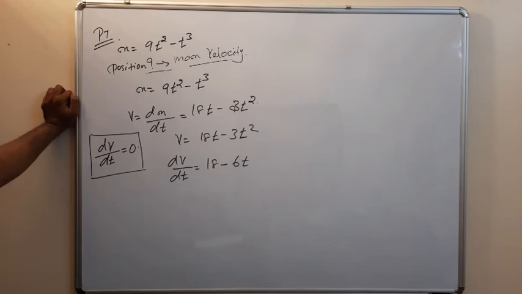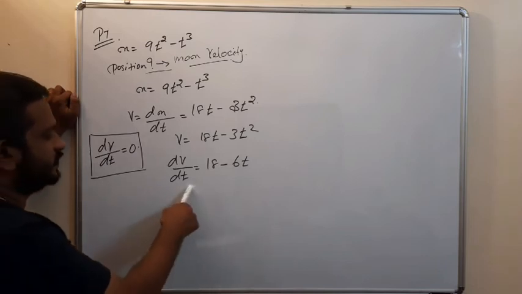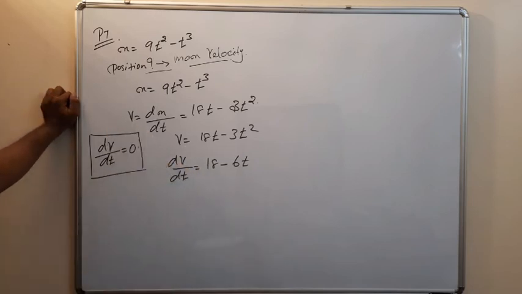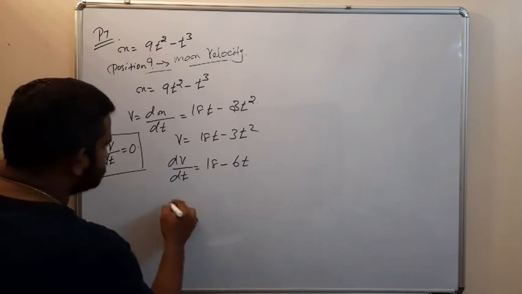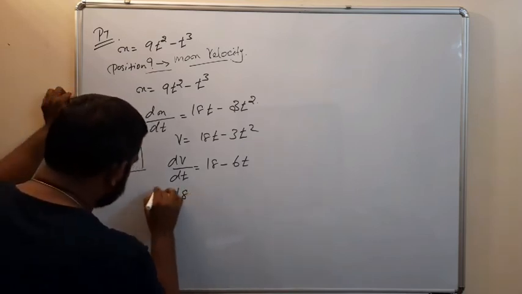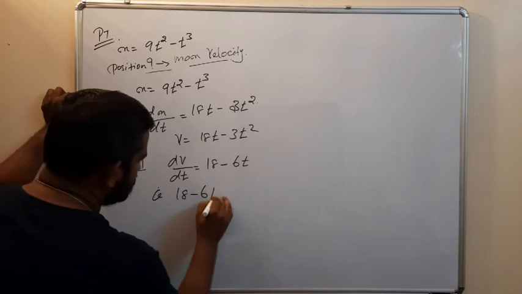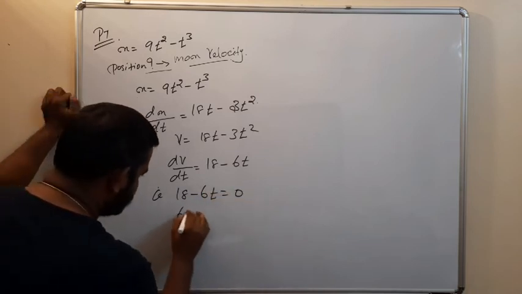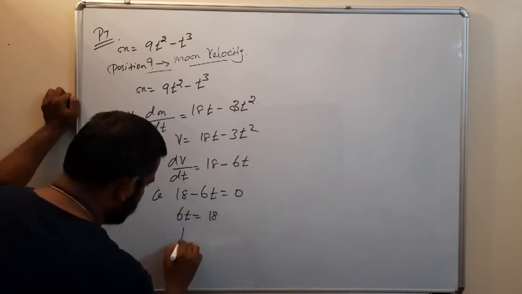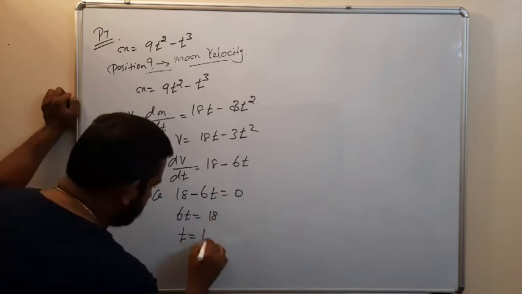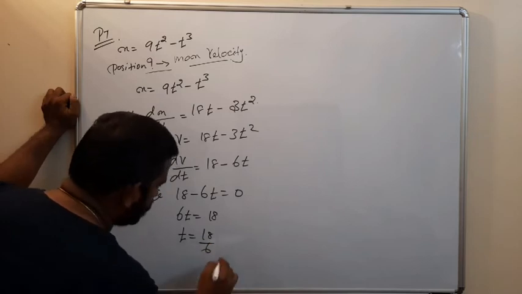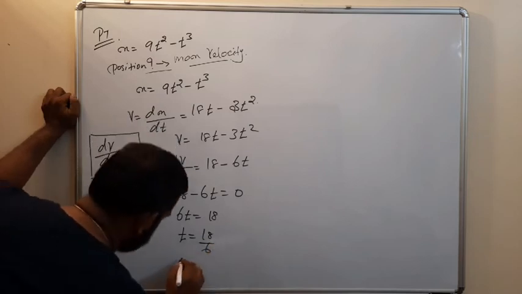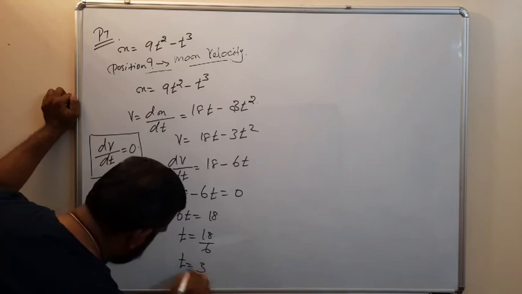So to find the maximum or minimum of this velocity function, dv by dt is equal to 0, that is 18 minus 6t is equal to 0. So 6t is equal to 18. So t is equal to 18 by 6, t is equal to 3.